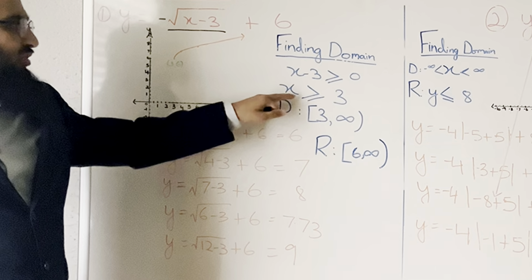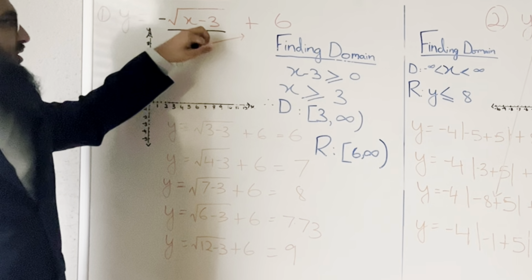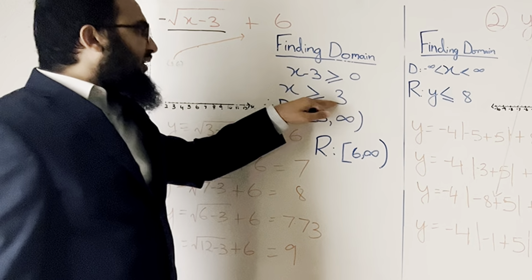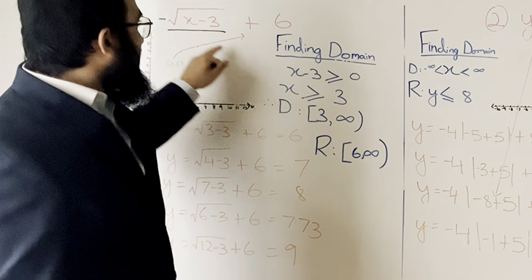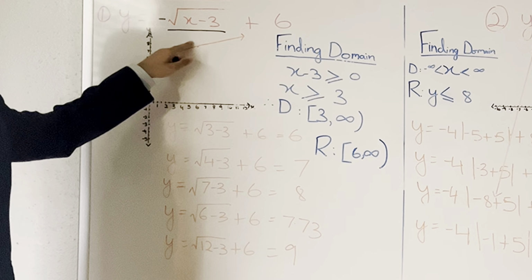I found the values of x which can be substituted here. As you can see, x can take anything greater than or equal to 3, because if we put x as 3, we get a 0 inside, which is fine.